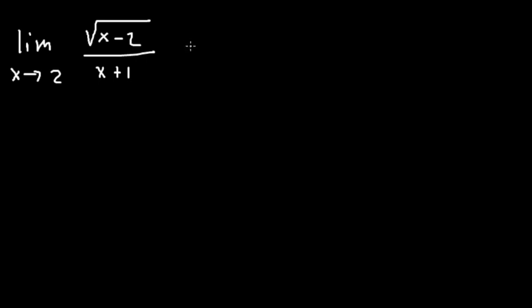From that video, we determined that the limit of this function does not exist. However, ang technique na ginamit natin doon is proving through the left and right hand limits. Pero however, there's another way to prove this, and it's through graphing and the table of values.